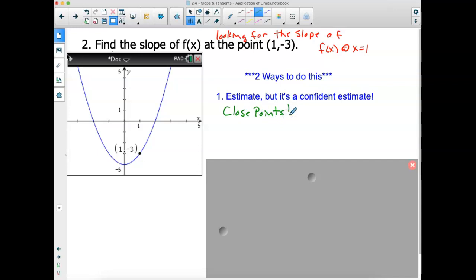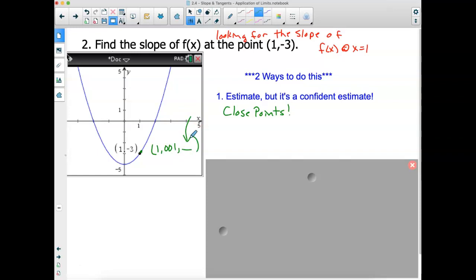What do you mean close points? Well, if I picked a point on the right side of 1 here, let's say I'm at 1.001 comma, I don't really know, my calculator is going to do the math for that. So I could pick that point.